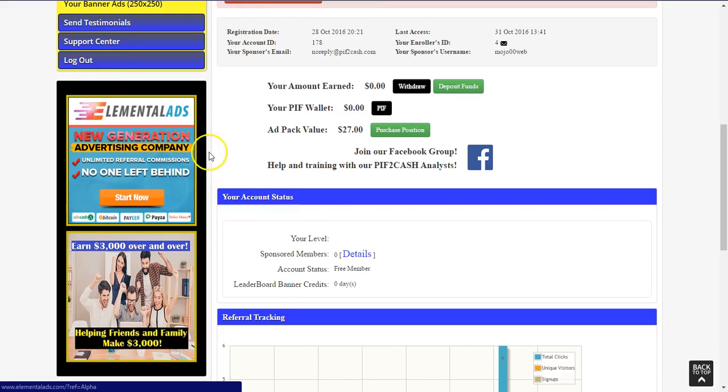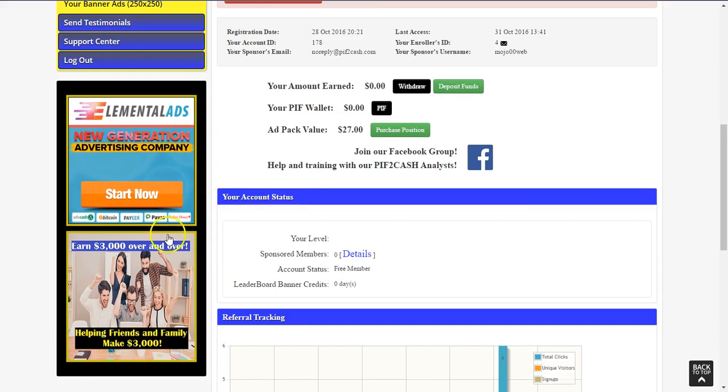It gets more clicks than 125 by 125s, obviously because it's bigger. So if you have issues with that, you can always use an image hosting website where you can upload an image, change the size, and use that.